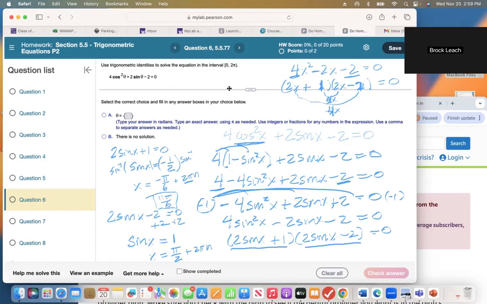So my two solutions are pi over 2 and 11 pi over 12. Is that right? Over 6. Sorry, I was confused about the 11 pi over 12. So we have negative pi over 6, and I want to add 2 pi to that.